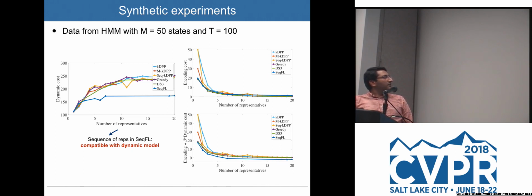The result of the sequential facility location is much, much lower for a variety of different numbers of representatives, compared to the DPP variants, the greedy method, and the convex relaxation of facility location that I talked about, because it naturally incorporates the dynamic compatibility of the items. And it also achieves very similar encoding to these other algorithms.